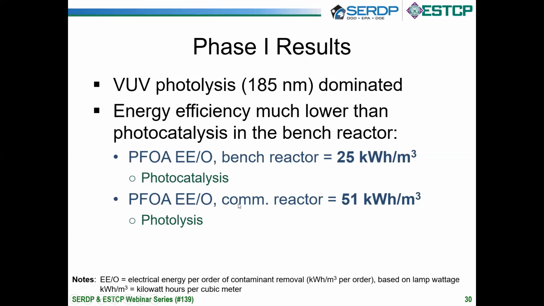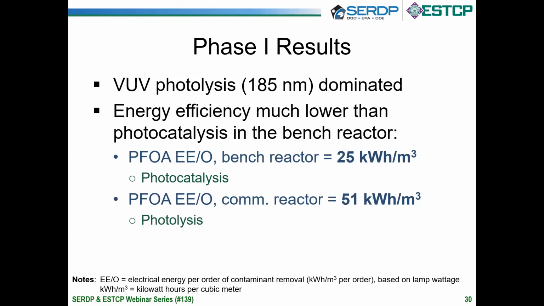Whereas PFOA degradation in the commercial reactor, which was mostly photolysis, took about twice as much energy to achieve the same amount of degradation. So this tells us that we shouldn't discount photocatalysis completely because there's an opportunity for greater efficiency. What we need to do is figure out how to take advantage of photocatalysis using the reactor design, which apparently was not achieved in the commercial reactor.